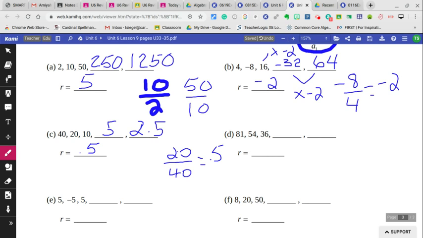Okay, we'll move over to D. Same thing, we have 54 divided by 81, and that's equal to what? 0.6666666. So we like to write that as 2/3, 2 divided by 3.